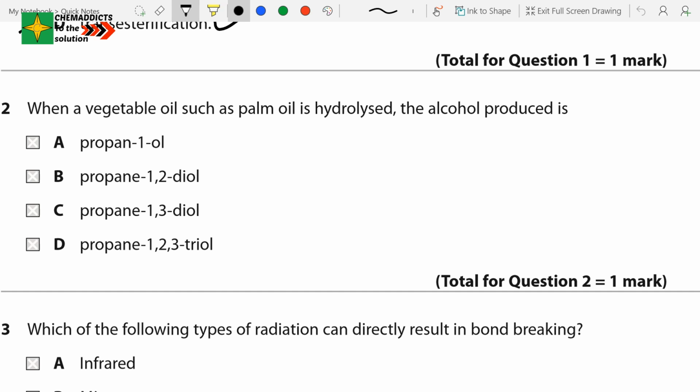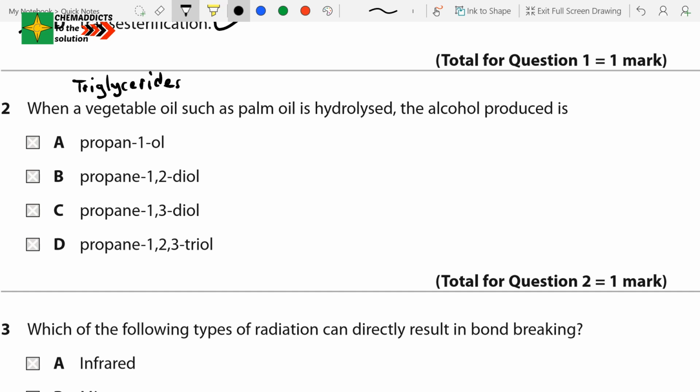We know that vegetable oils mainly contain triglycerides. I do believe that my spelling is right. Vegetable oil contains triglycerides. Mainly triglycerides are present in vegetable oil.